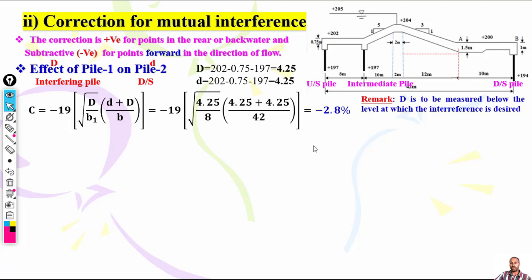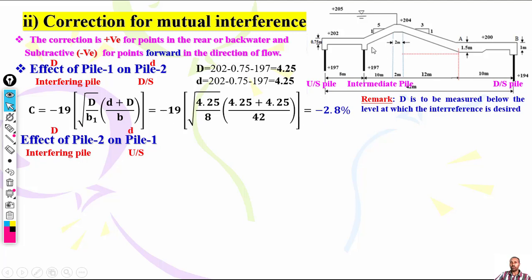So we are just having this. Now the effect of pile 2 on pile 1. The correction is negative for points forward in the direction of the flow, because from 1 to 2 you are going to calculate, so it will be negative. That's why you put negative here.